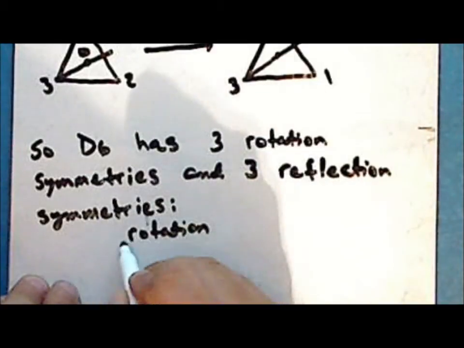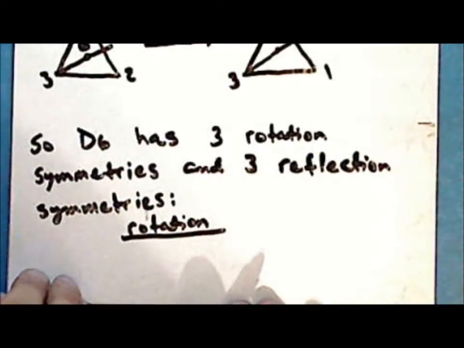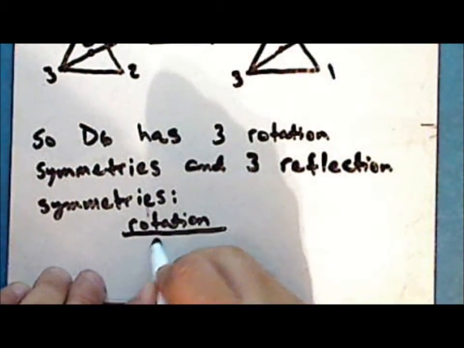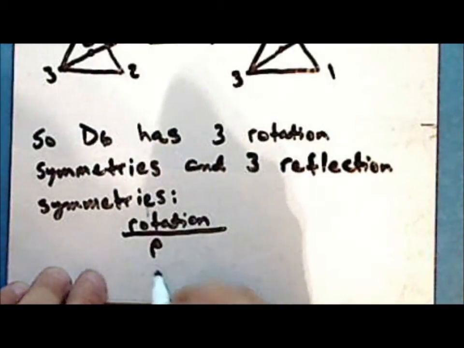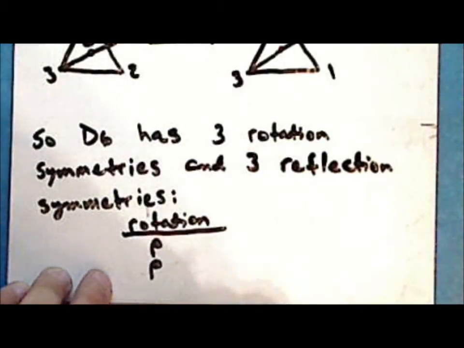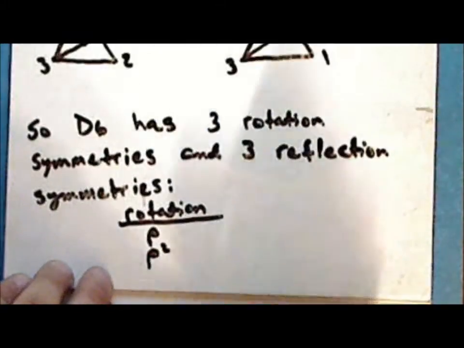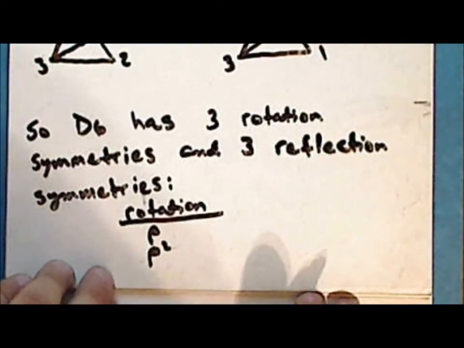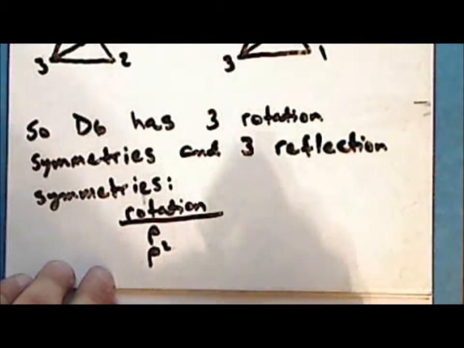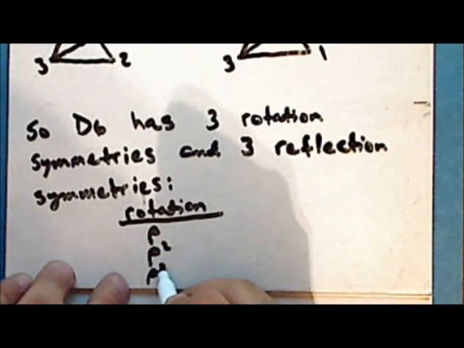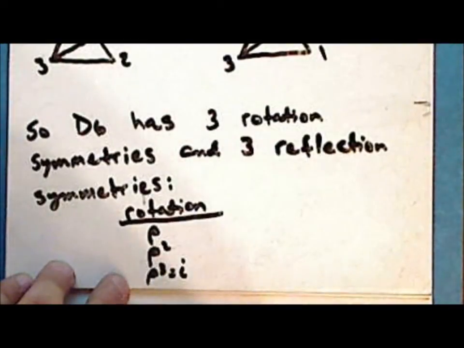The rotation symmetries are rotation counterclockwise by 120 degrees, rotation counterclockwise by 240 degrees, which is the same as clockwise rotation by 120 degrees, and leaving the elements as they are, or rotation by 360 degrees.